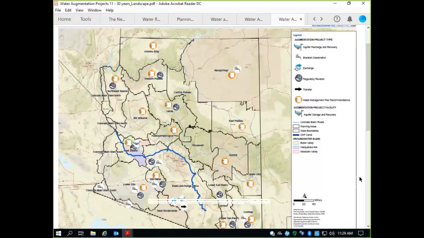I think they just need to be listed, kind of like in the transfer, where we said there were certain things we were going to say wherever we were showing transfers. We do the same thing wherever we're showing brackish desal, because clearly, and we are saying that general statement at the beginning, obviously the adjudication impacts lots of places.